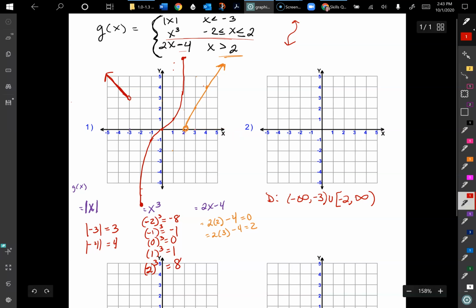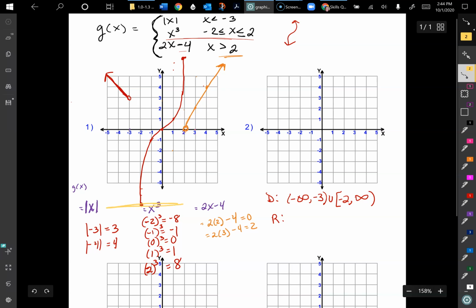So with the range, I'll look at the up-down kind of situation, and let's see what I have for any kind of breaks. So track it with this. I come from, my highest one is positive infinity, and my lowest is really, because this domain is set there for my cubic, and I don't have anything below that, and this stops, and this stops.